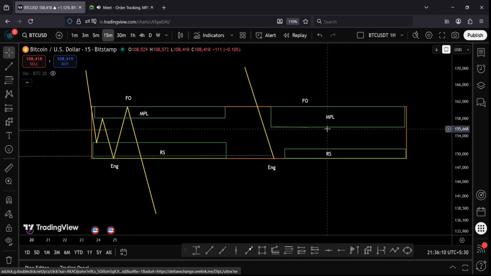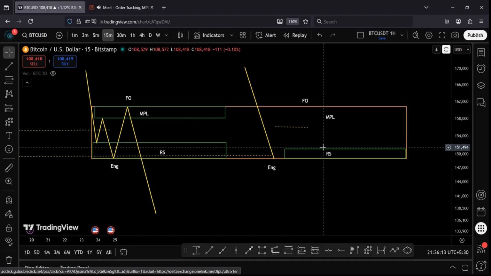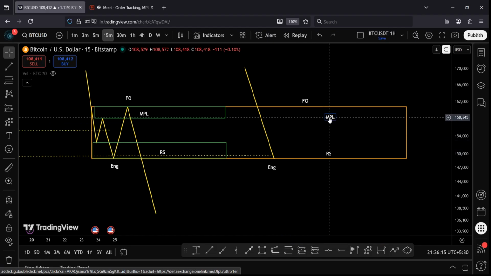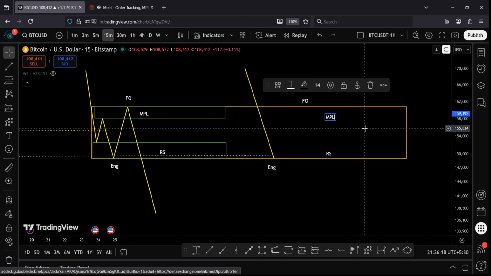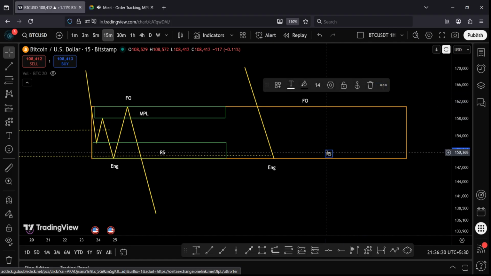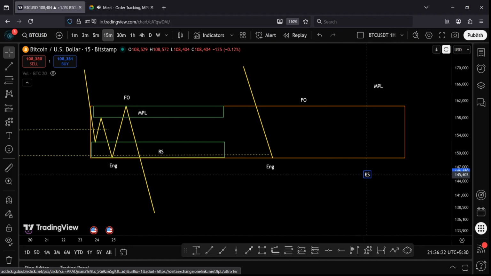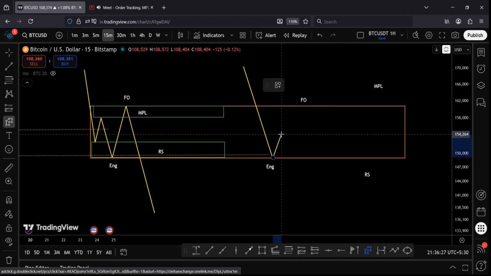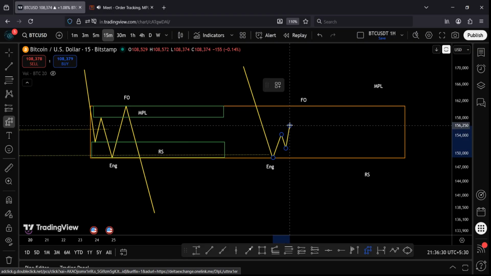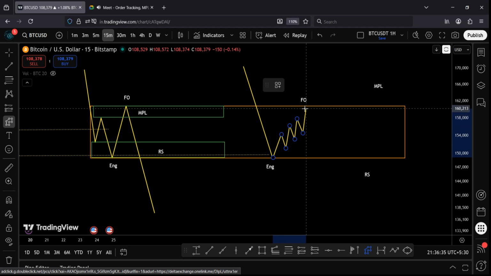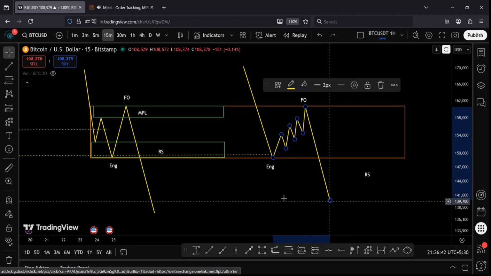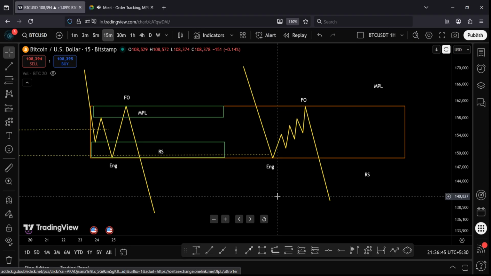You mean if price moves here, so you mean if price goes like this, like this, like this, right? Yes. And then goes up and falls down like this, right? Yes. Okay.